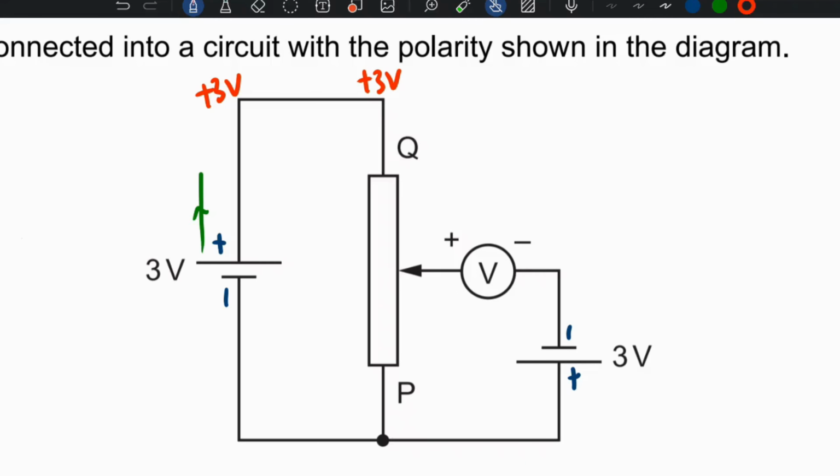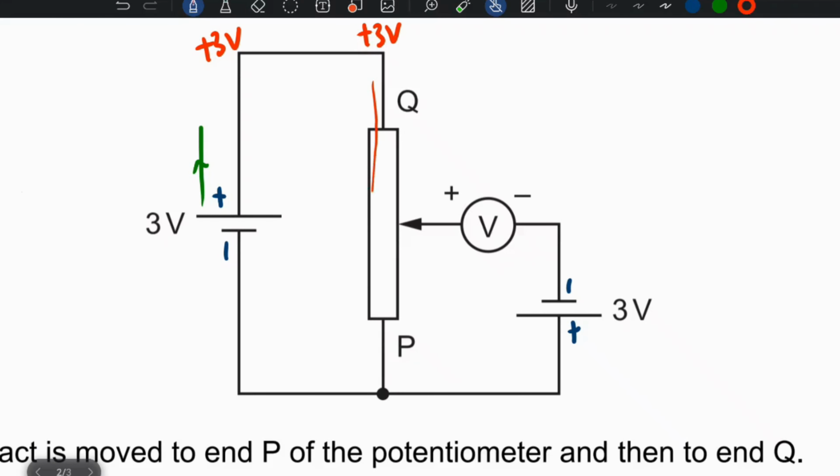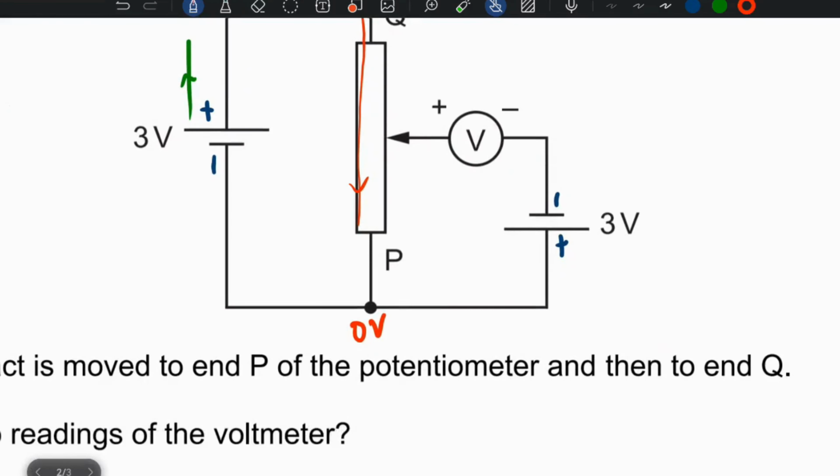Now it's going to pass through the potentiometer, come all the way here. The potentiometer will use up all the 3 volts, because there's only one potentiometer there. So you're going to be left with 0 volts at the end, and anything on the same line of wire will have the same voltage as well.